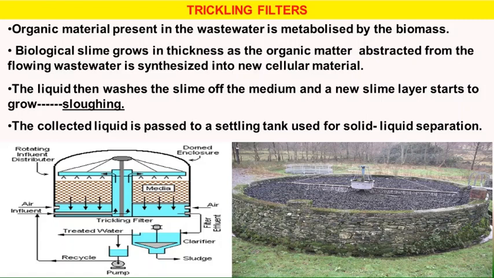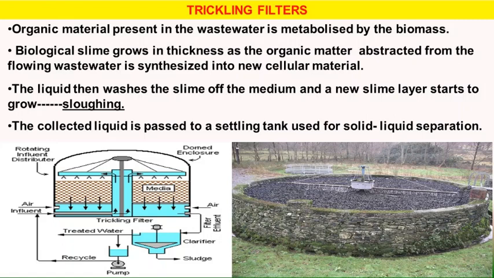Trickling filters are one of the secondary treatment mechanisms. Organic material present in the wastewater is metabolized by this biomass, and biological slime grows in the thickness of the organic matter.